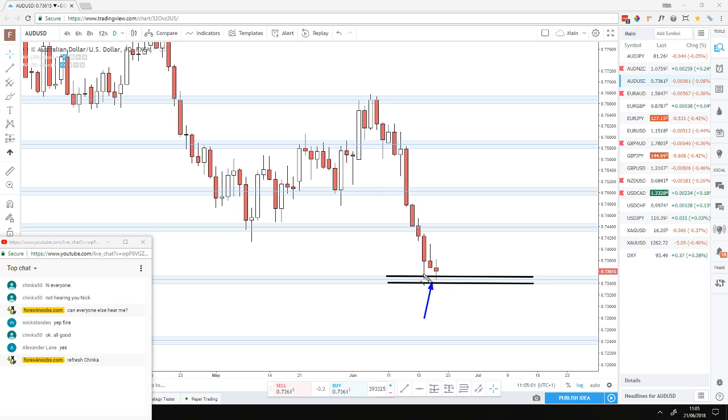It dipped down to there and reacted by moving away really quickly 2 daily candles ago. So that's 2 days ago. Now it's doing the same thing. It's pushed down to here and just moved away really quickly. So it's kind of interesting what's going on here.